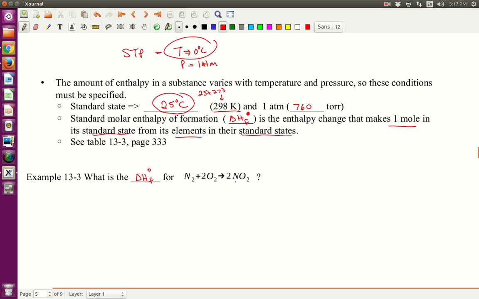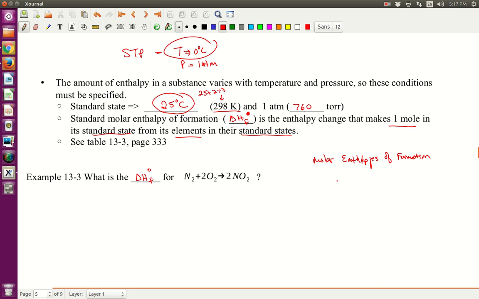So we're talking about NO2. So this is another time when you're going to go and look up the delta H's of formation, the molar enthalpies of formation. So you're going to have a chart of molar enthalpies of formation. And the one I'm looking at right now is actually on the same page, 333.